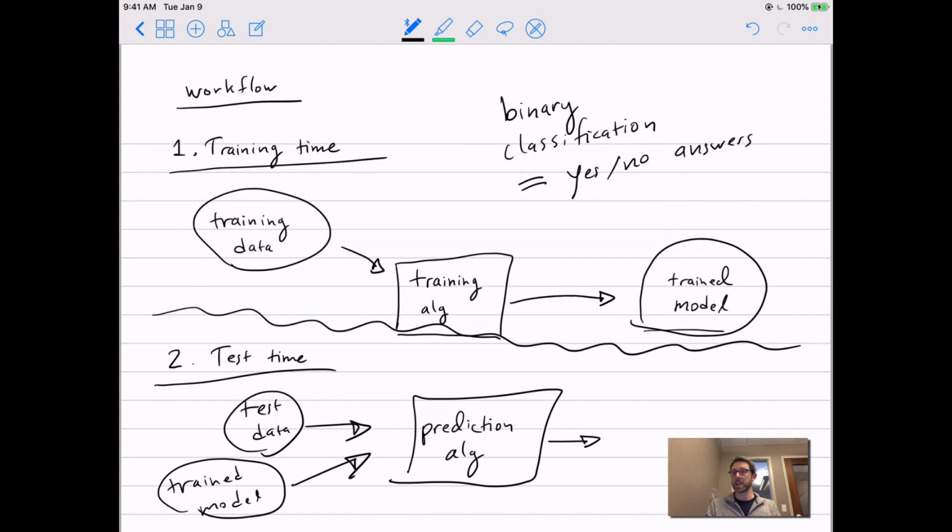Sometimes there are multi-class classification problems where there are multiple answers instead of just two. And there are whole different areas of machine learning, like unsupervised learning, where we want to, say, cluster data, and there's no labels given, it's just data. We want to say, this data is like itself, and this group is different from the first group, but it's still like itself. That's clustering.